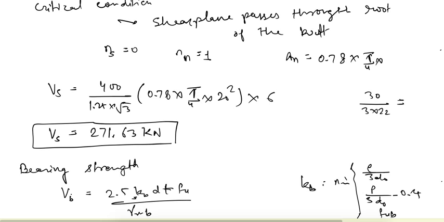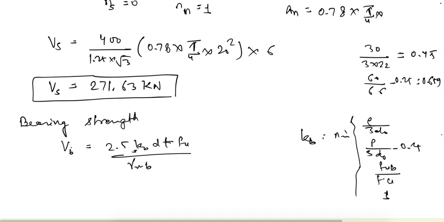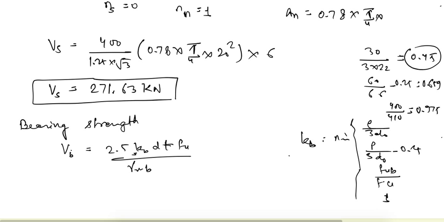This gives us 0.45, and from the second part, 60 upon 66 minus 0.25, we get 0.659, and fub by fu, that is 400 divided by 410, equal to 0.975. So the minimum is obviously 0.45. We have obtained the value of kb as 0.45.